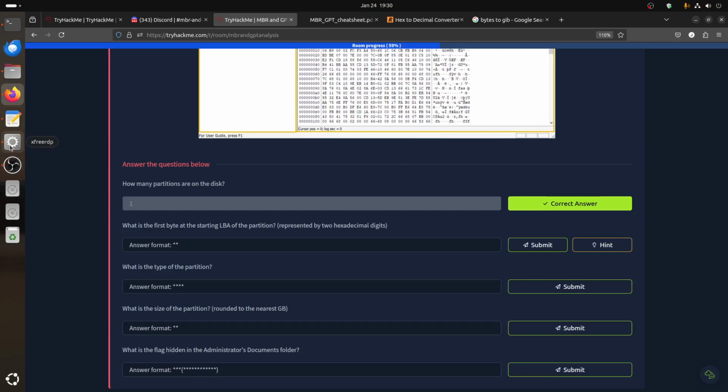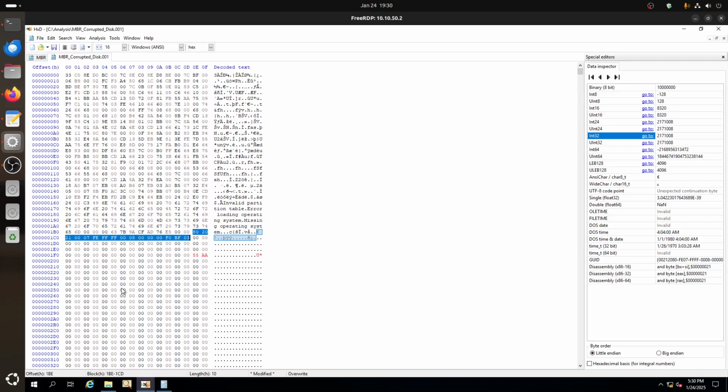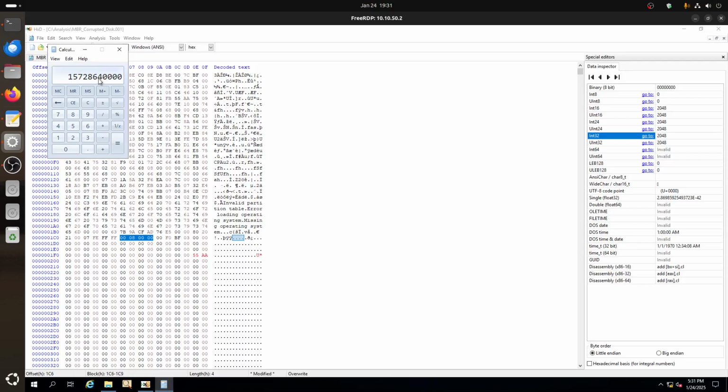Okay, so to do that, we need to go to the one that we just fixed now, the logical one. When you highlight it, you can see it would say 2048. It's 2048 multiplied by 512 for the sector, and it gives us the same as the same example.